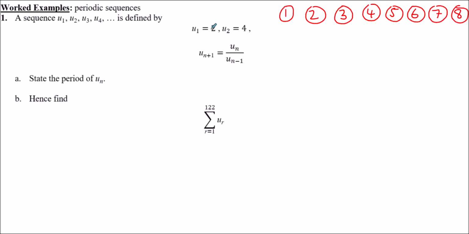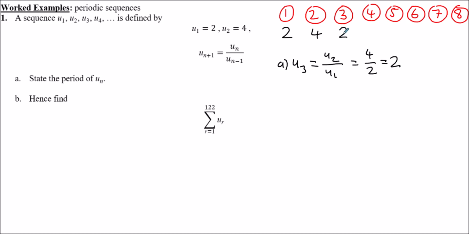I can write down the first term, u1 is 2, u2 is 4. So for part A, u3 would be u2 divided by u1. That's going to be 4 divided by 2, which is 2. So the third term is 2.